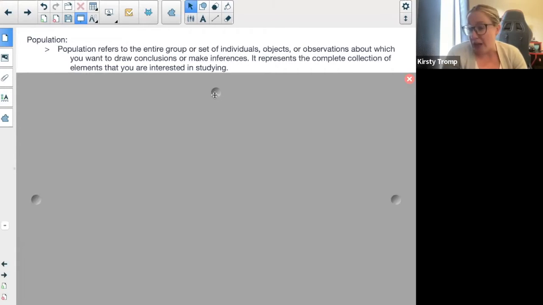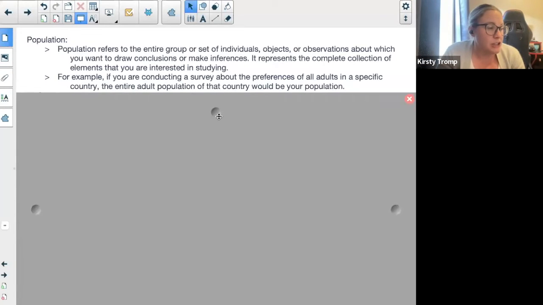So that's a very fancy word. So it's something that you're making an opinion of, pretty much. It represents the complete collection of the elements that you are interested in studying. So if we're looking for a population, we're looking at everything being included of the thing that we want to study.